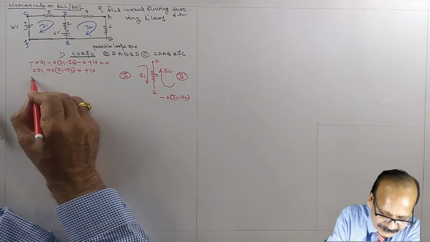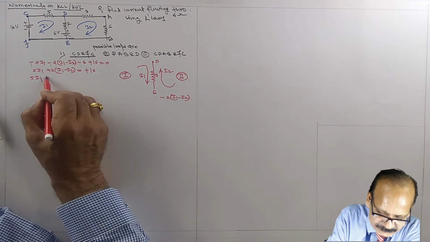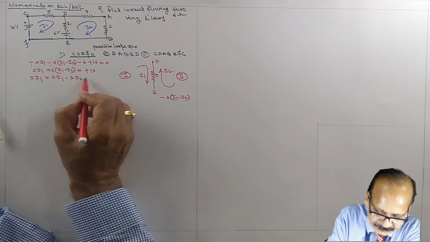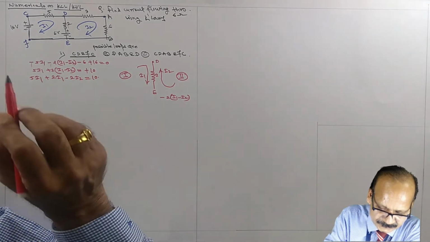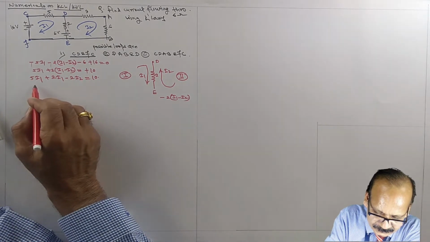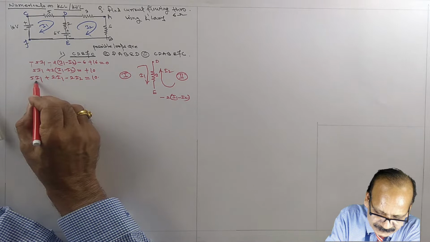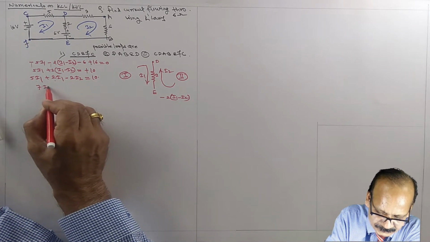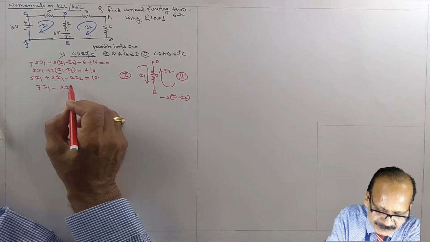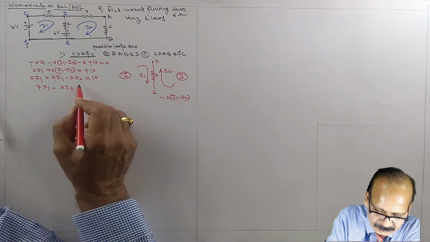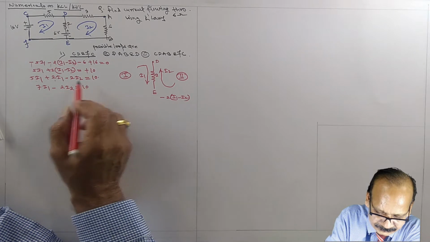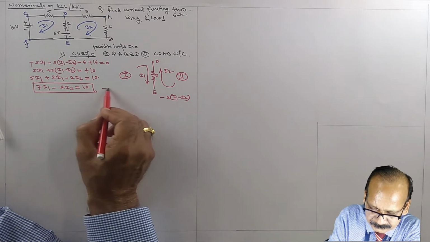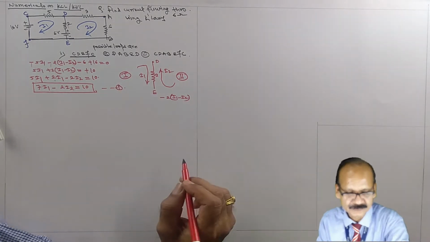So here it is 5I1 plus 2I1 minus 2I2 equal to 10. 5I1 plus 2I1 means 7I1 minus 2I2 equal to 10. So this is equation 1.